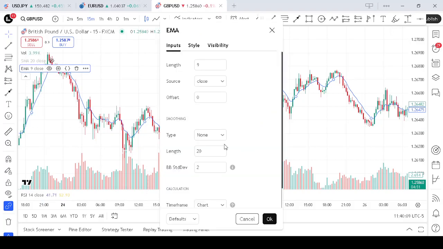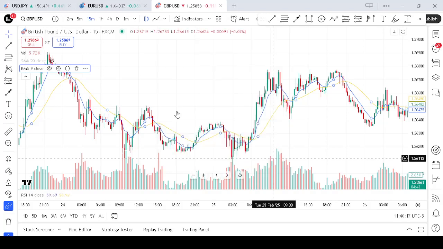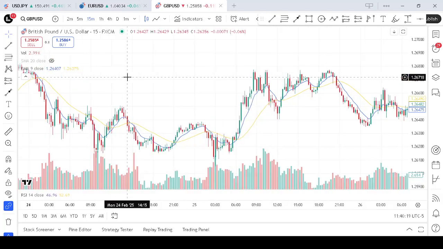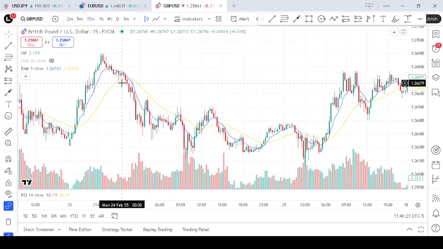Setting this up, we also change the color to make it different. Okay, very good. The smaller moving average, which is the 9 moving average, is the blue line, while the larger moving average, which is the 20 moving average, is the yellow line.